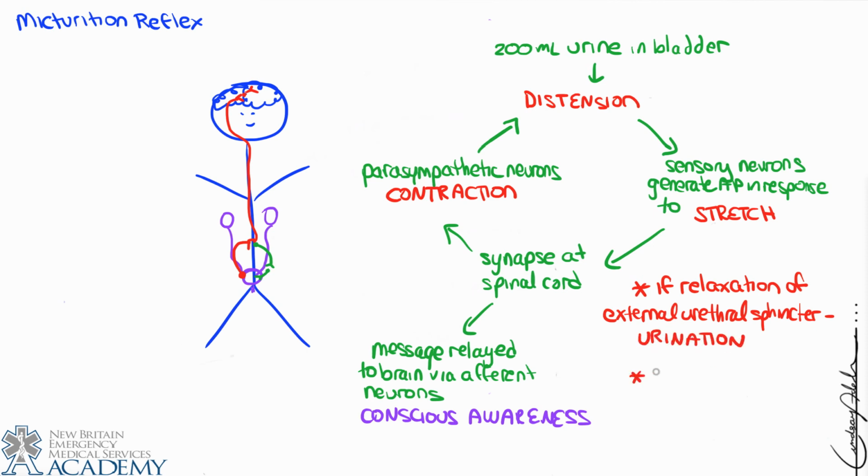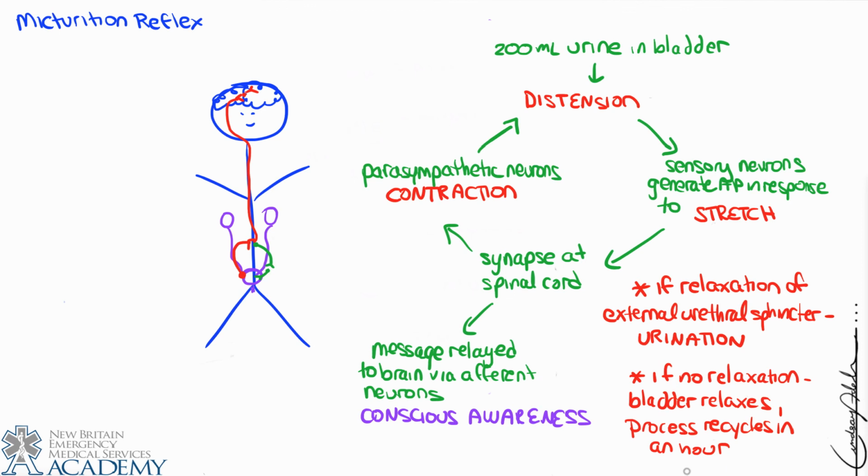However, if it's not a convenient time to urinate, then there will be no relaxation of the external urethral sphincter, and so consequently, we'll have relaxation of the detrusor muscle instead, and so the process will just recycle in about an hour, and this will continue until a point that the bladder is so distended and full of urine that it becomes uncomfortable and not so possible for the bladder to hold additional urine.